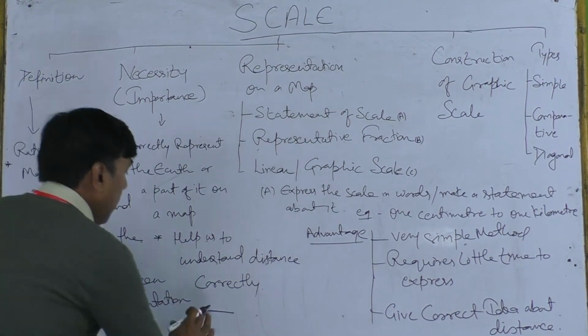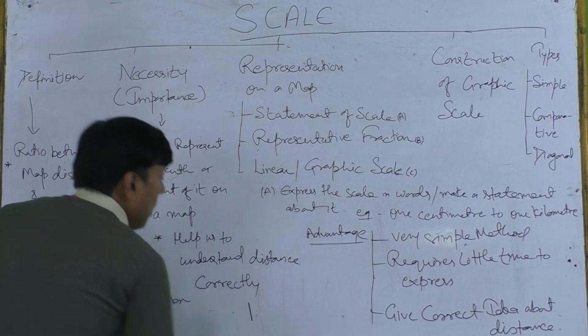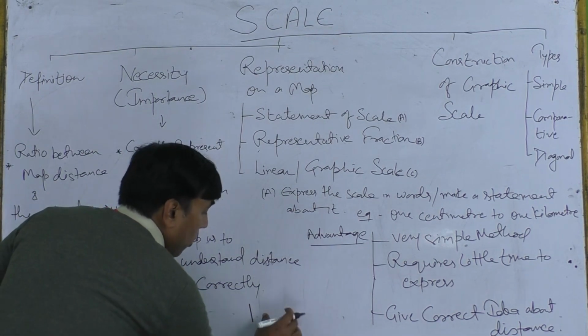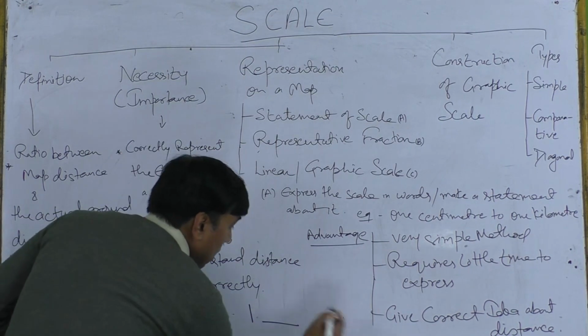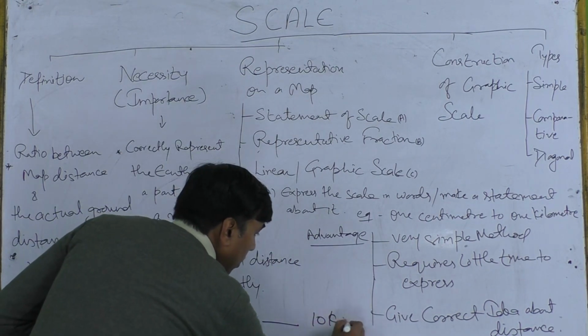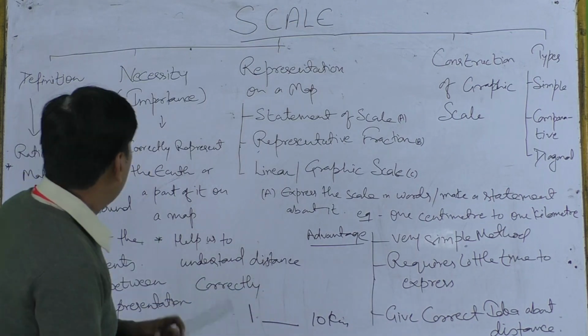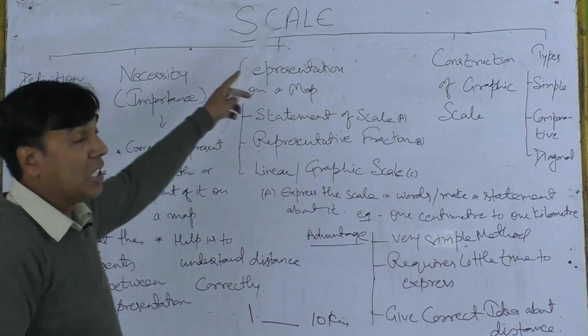If we draw one centimeter of line on the map or on the paper, it shows about 10 kilometers of actual distance on the ground. So it tells about the scale.